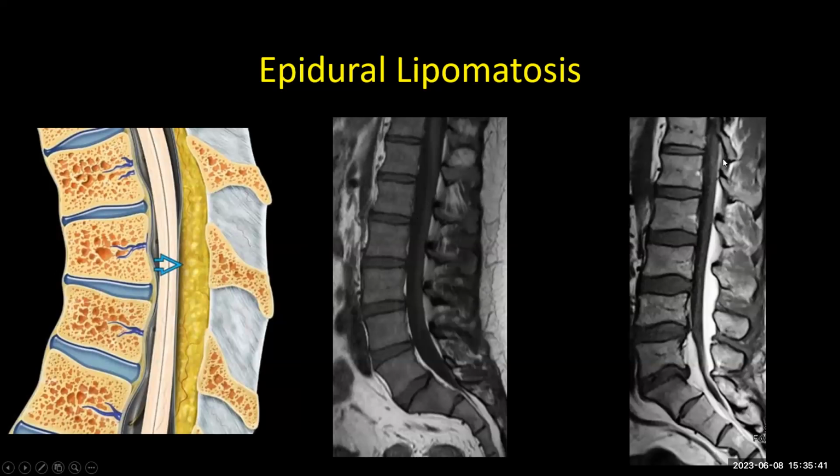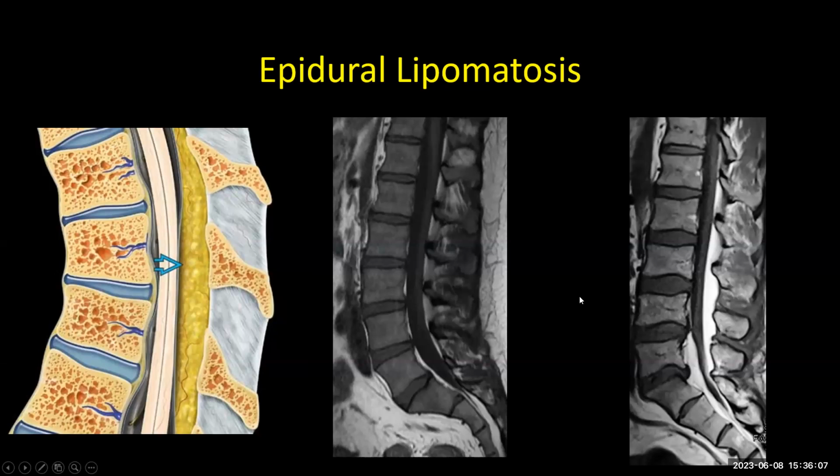Here you can see there's proliferation of this hyperintense material both posteriorly and, as you go lower down, anteriorly as well, which is causing stenosis. You can see that normally the lipomatosis.